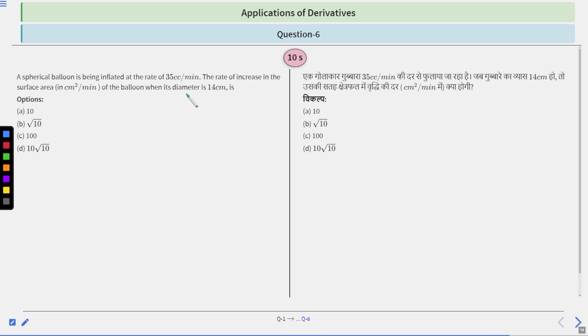And diameter is given as 14 centimeter at the instant at which we have to find the rate of increase of surface area. So we have 10 seconds to solve this question. After 10 seconds, we will discuss the solution.